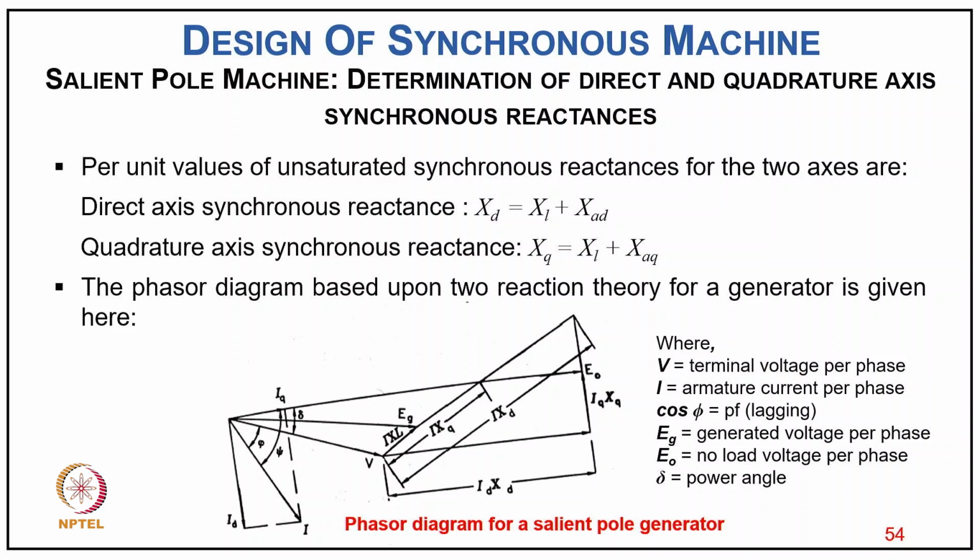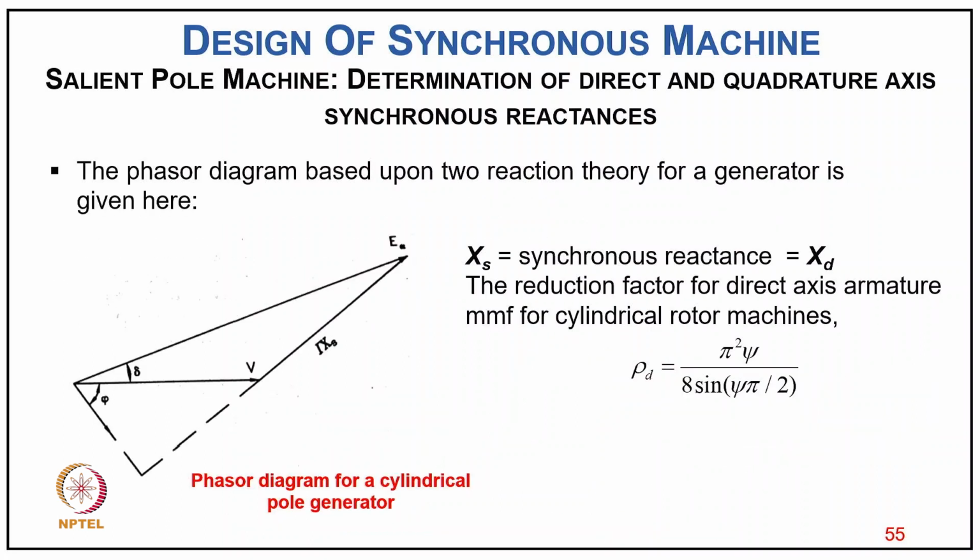Passing from 0 to E_q, the point where it cuts gives the quadrature axis, so we identify the quadrature and direct axis. Based on that we draw along the quadrature axis the value of I_d X_d, and perpendicular to that I_q X_q. That completes the phasor diagram.